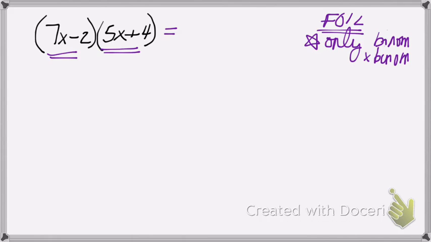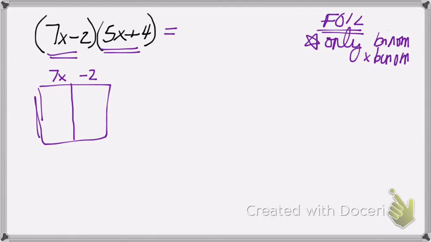So if you think about it in terms of the stacking or the horizontal method or the area model, I'm going to use the area model here for a second. If I use the area model, I would be having two terms, the 7x and the minus 2 along the top or the side, it doesn't matter. And so my length was the 7x minus 2, and my width is the 5x plus 4. And I could go through and I could do each of those multiplications.